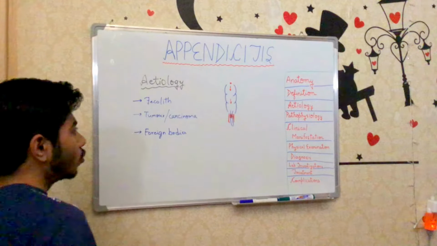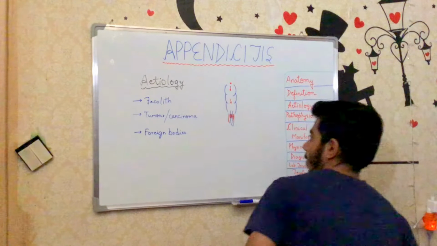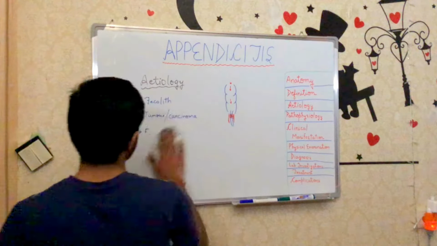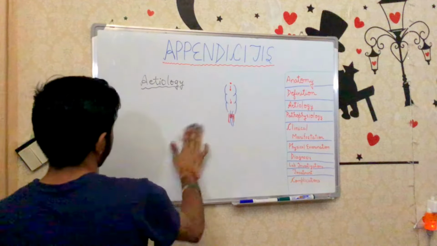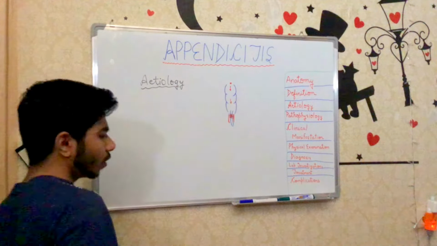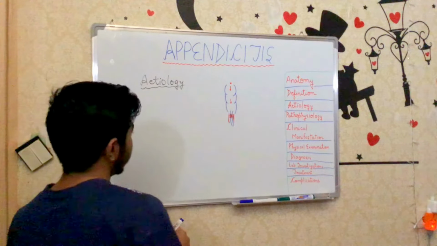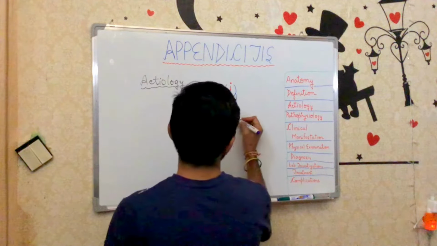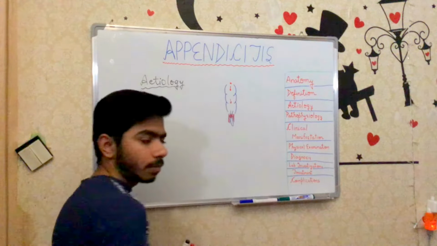Now, after this, let's move on to the pathophysiology of appendicitis. Also, one more point about the etiology, that here we have the lymphoid cells around the appendix.